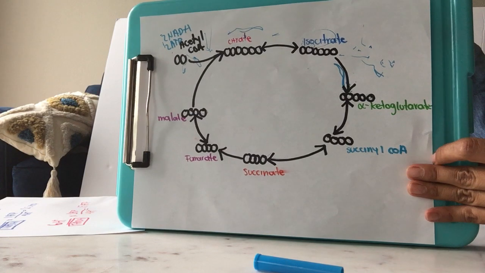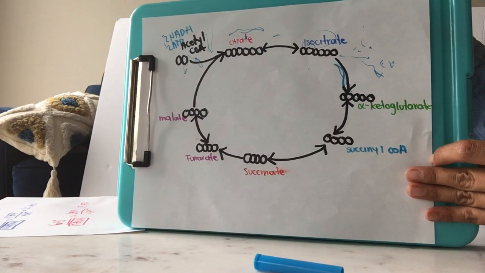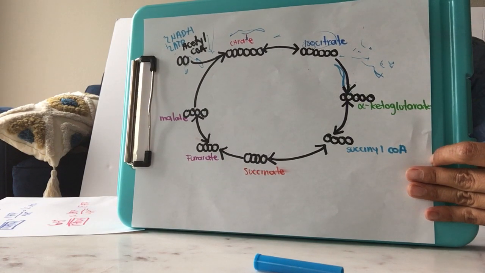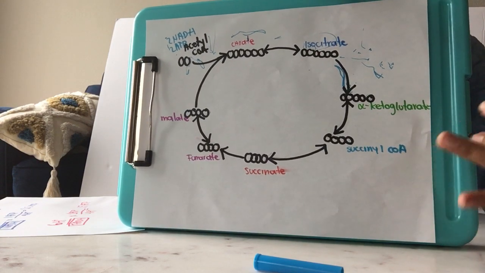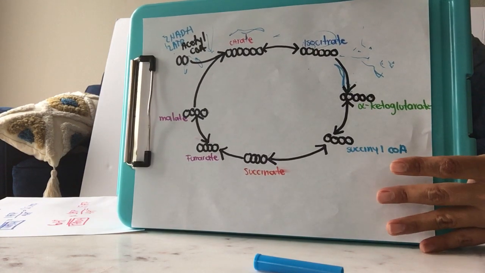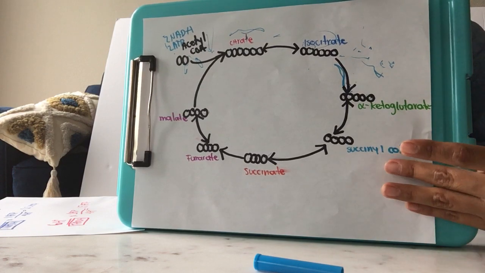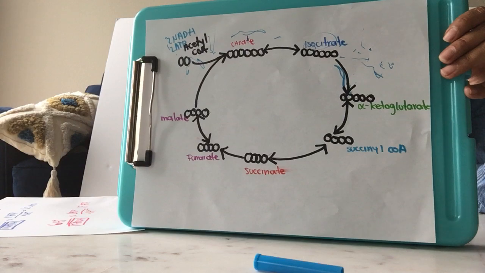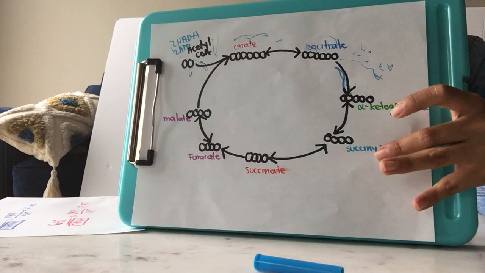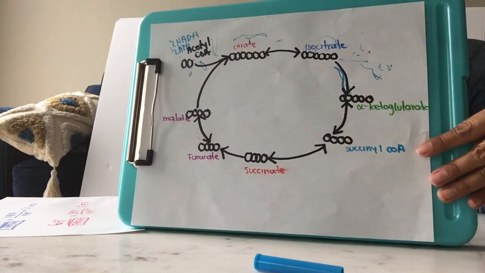This generates a little bit of energy to form the Pi plus the GDP. When ADP steals the phosphate, which is what we've learned in our class, the substrate phosphorylation, another ATP is created.